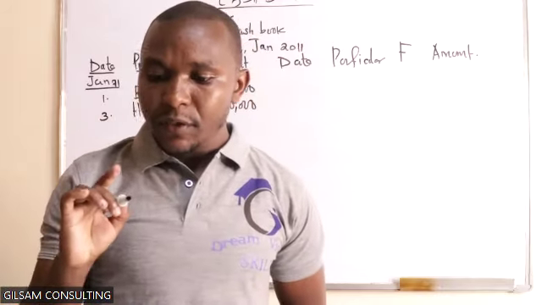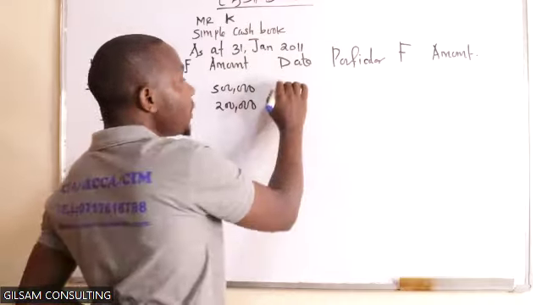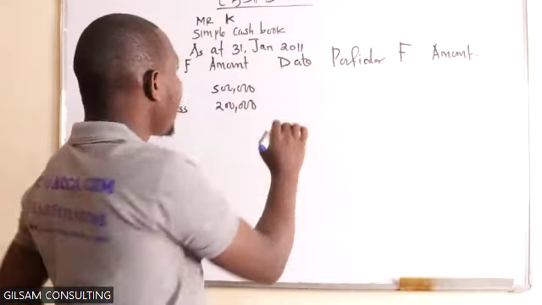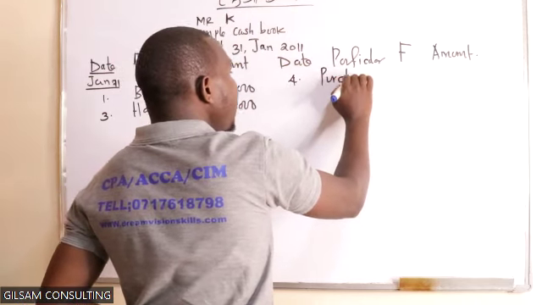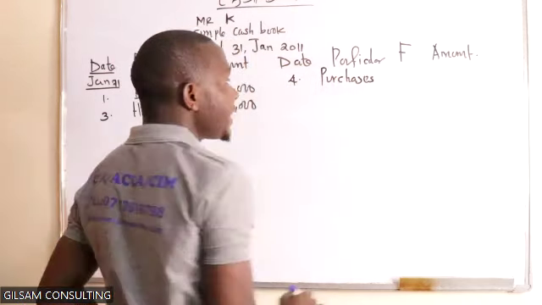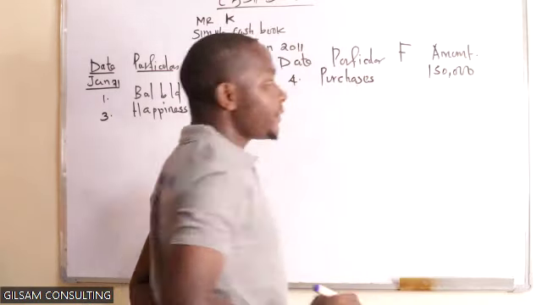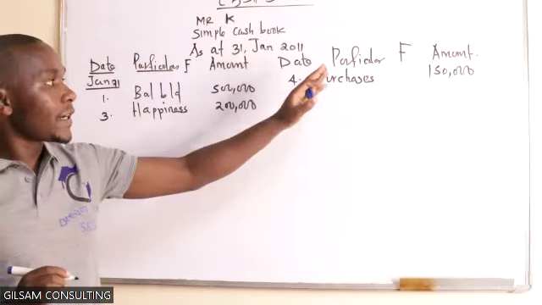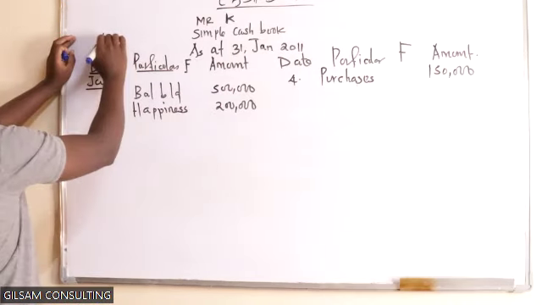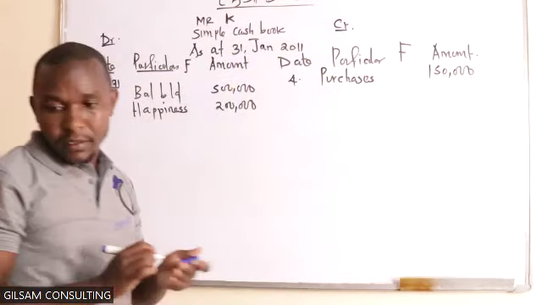And then purchased goods for cash of 150,000, which is date 4. We have purchases. We have not been told the type of purchases, so we just write purchases of 150,000. That's why we are debiting this and crediting this. So this is debit and this is credit.